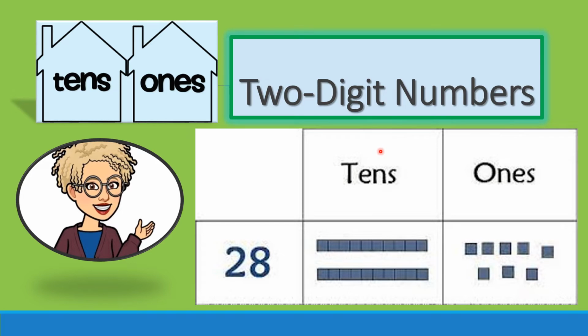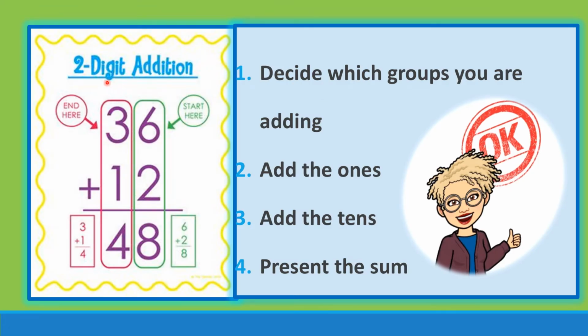We are then expected to focus on each area of place value separately to find the sum. What do I mean by this? Well, when adding two-digit numbers, you always start with the ones first, and then you move over to the tens.